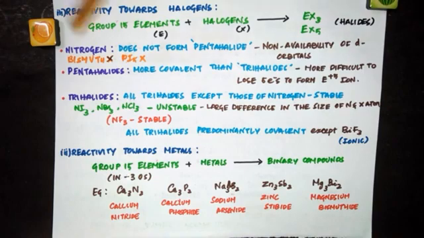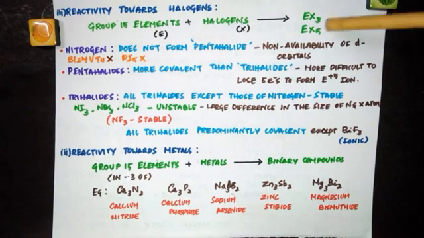So bismuth cannot form pentahalides. Nitrogen cannot form pentahalides because of the non-availability of d orbitals, and bismuth cannot form pentahalides due to the inert pair effect, as the electrons in the s orbital are not available for bond formation.